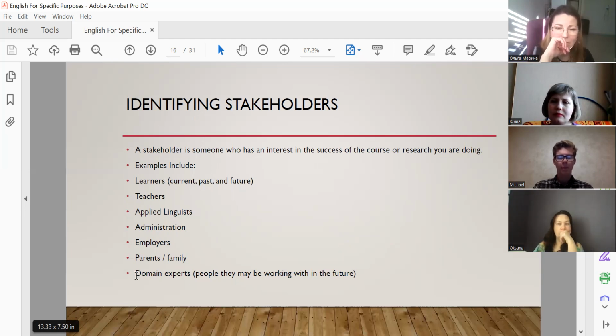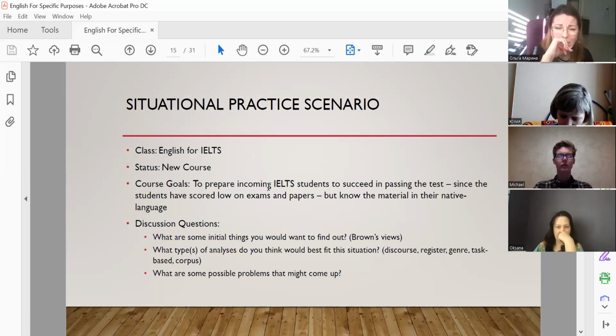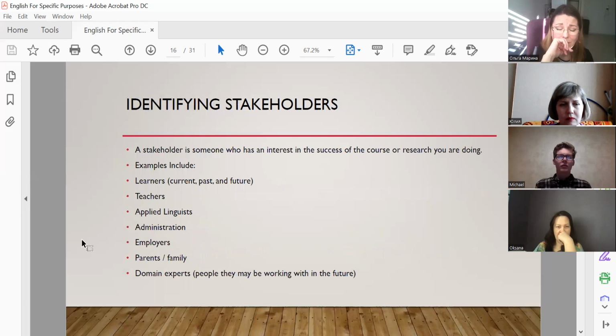Do all of those stakeholders have an equal say, should all of those stakeholders have an equal say in designing a course? So you're a teacher, you're designing a course, an IELTS course, or a business English course, or any other course.